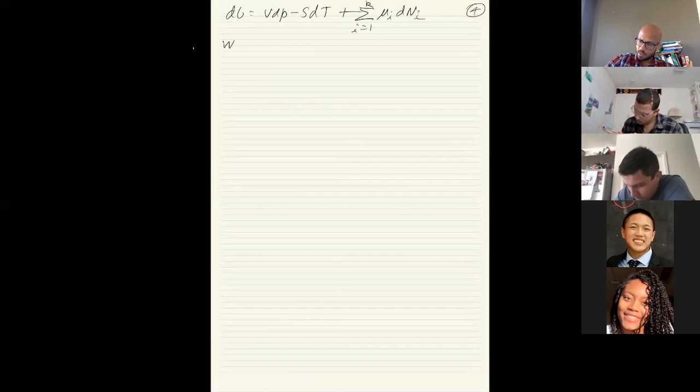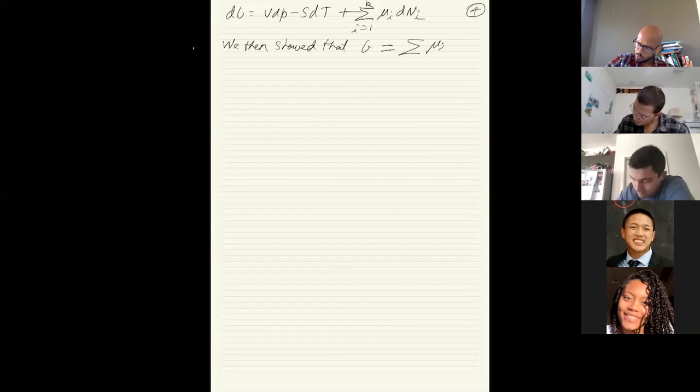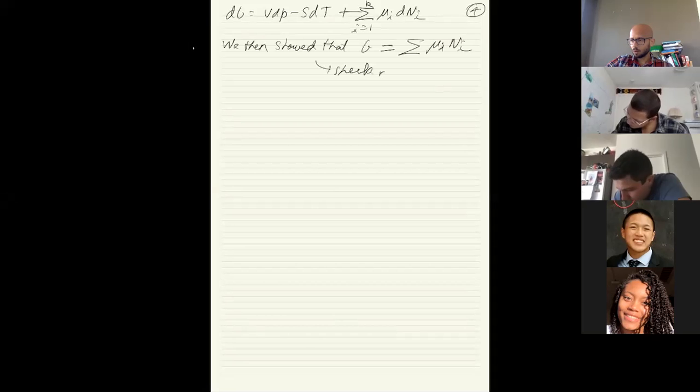We then showed that G is also equal to summation of mu_i N_i. I'm not proving it today. Check notes. This was an argument that we went through looking at properties of an extensive system, where we showed that G is equal to the sum of mu_i N_i. This is something that trips people up.